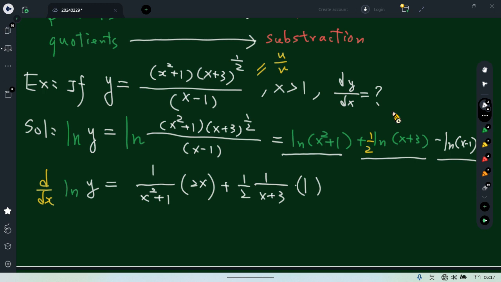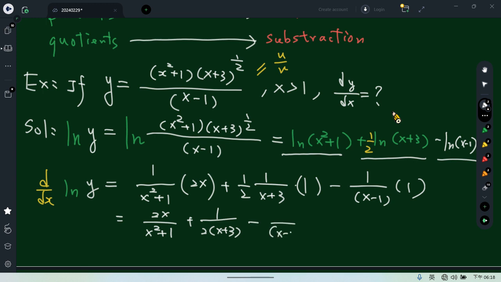And here, 1 over (x minus 1) times 1. So finally, it will be 2x over (x squared plus 1) plus 1/2 times 1 over (x plus 3) minus 1 over (x minus 1).